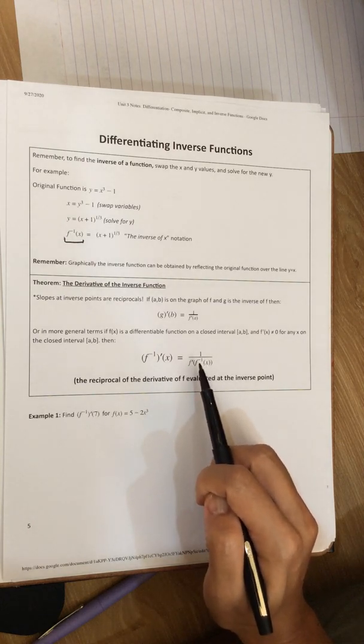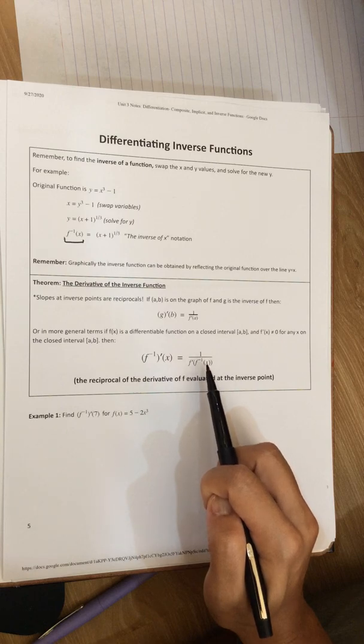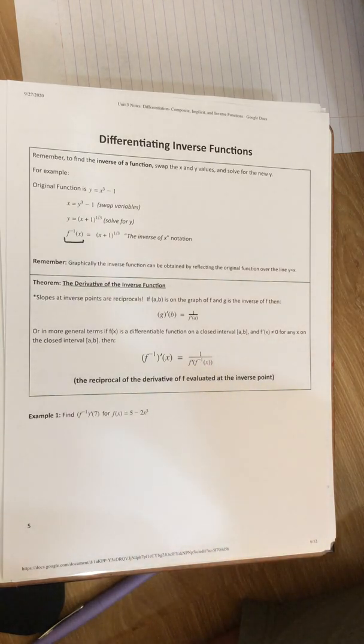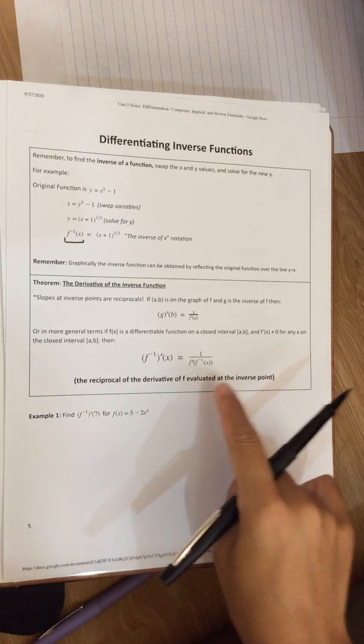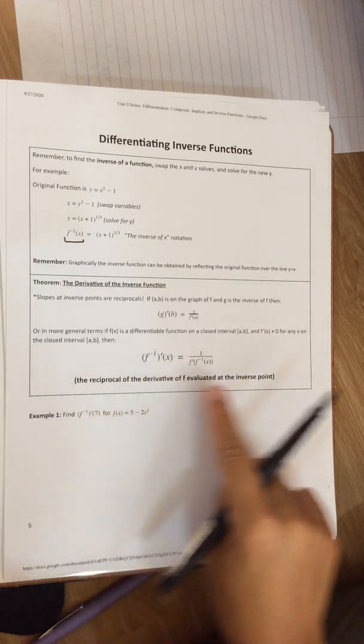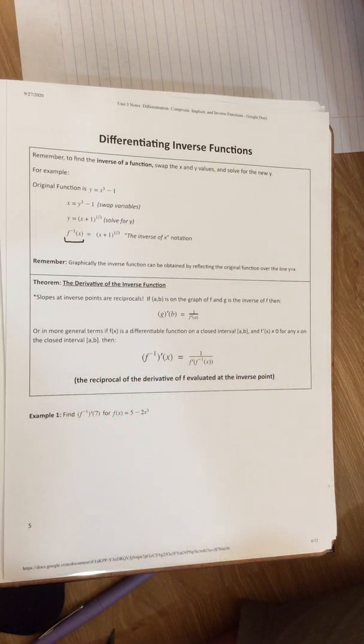That means you have to find the inverse evaluated at x, then plug that value into f prime. So this part is the reciprocal of the derivative of f evaluated at the inverse point. That's the quick way to say all that.